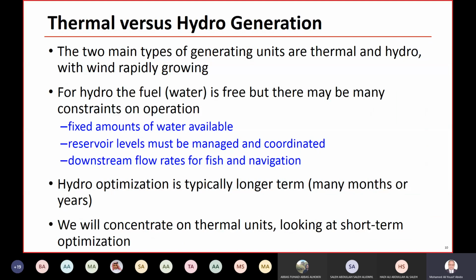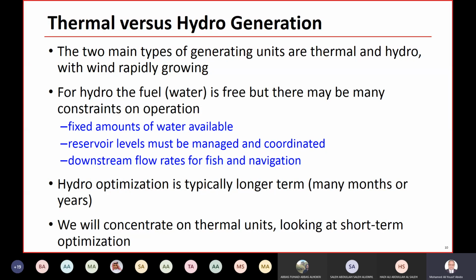Okay. So the two main types of generating units are thermal and hydro, with wind rapidly growing. For hydro, the fuel water is free, but there may be many constraints on operation of hydro. Fixed amounts of water available. You have to look at the reservoir levels, must be managed and coordinated.